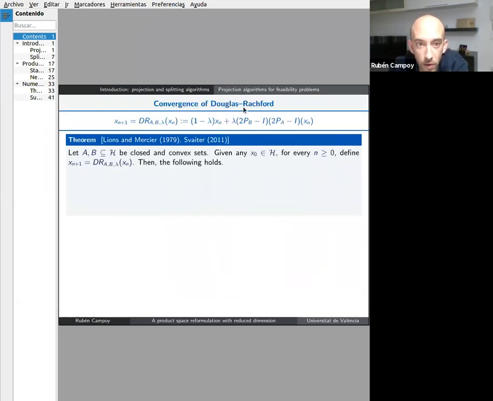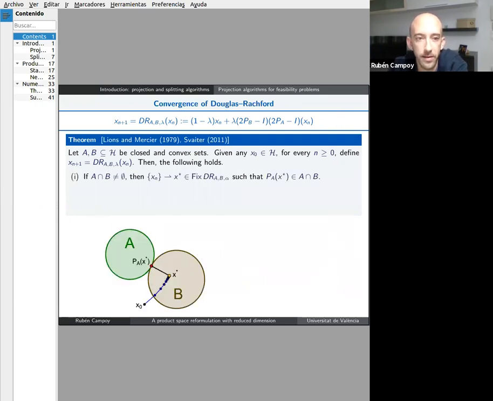If we have two closed and convex sets and we run the algorithm, the theory says that if the intersection of the sets is non-empty, then the sequence is weakly convergent to a fixed point. But we need to project this point onto the first set in order to get a solution of the problem. So for example, in this picture, we run the algorithm here, and we converge to the fixed point.